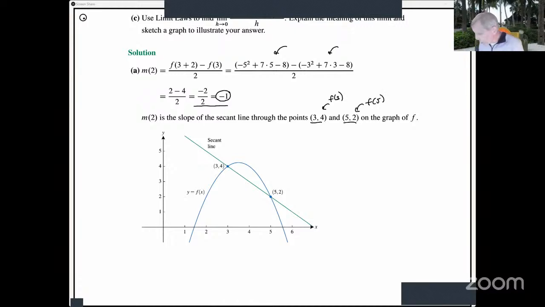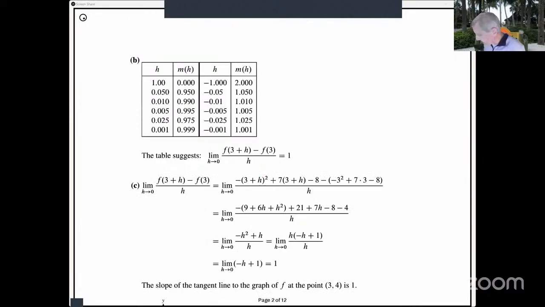I don't know if you can see the colors on this, Curtis, but the blue curve is a graph of y equals f of x. I plotted the 2 points, (3, 4) and (5, 2), and I've drawn in this secant line. And m of 2 is simply the slope of that secant line. So that's cool. We're on our way here. Let's take a look at a table of values.